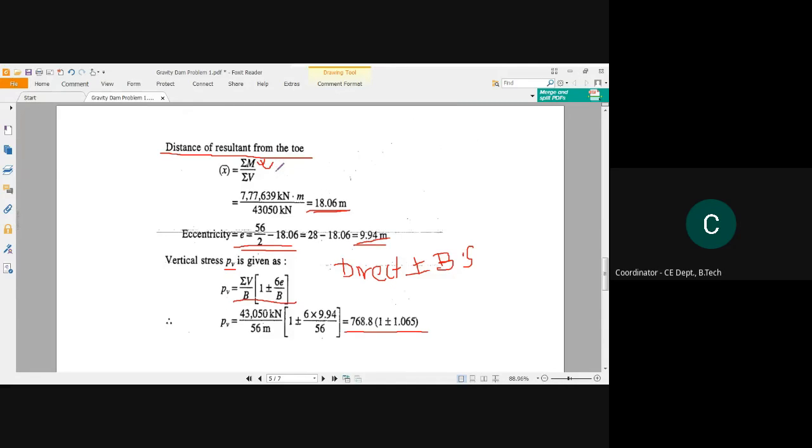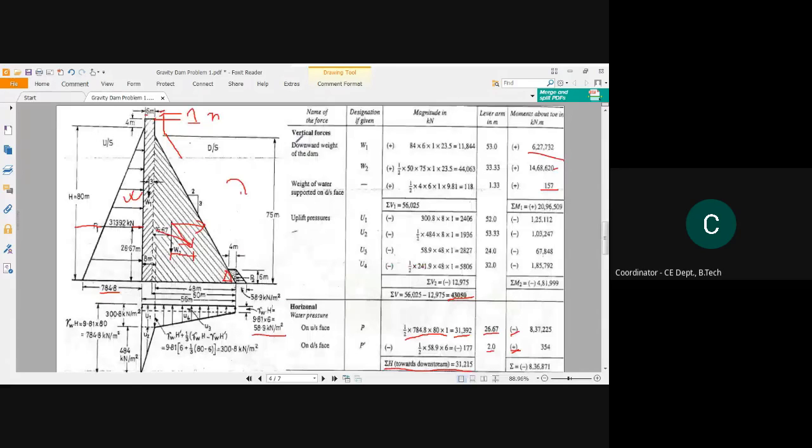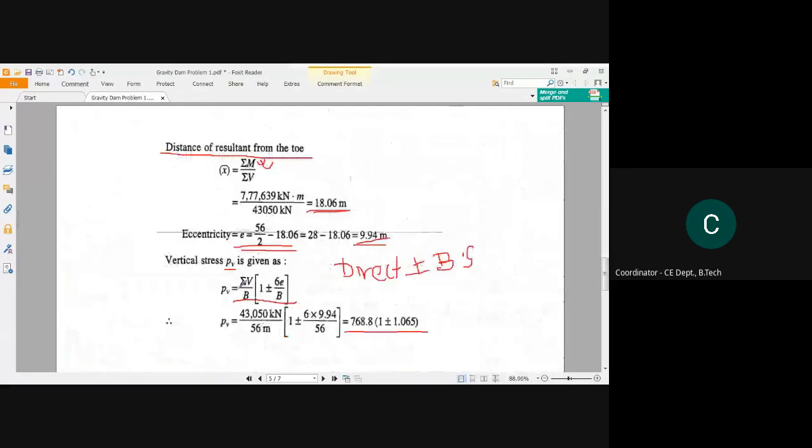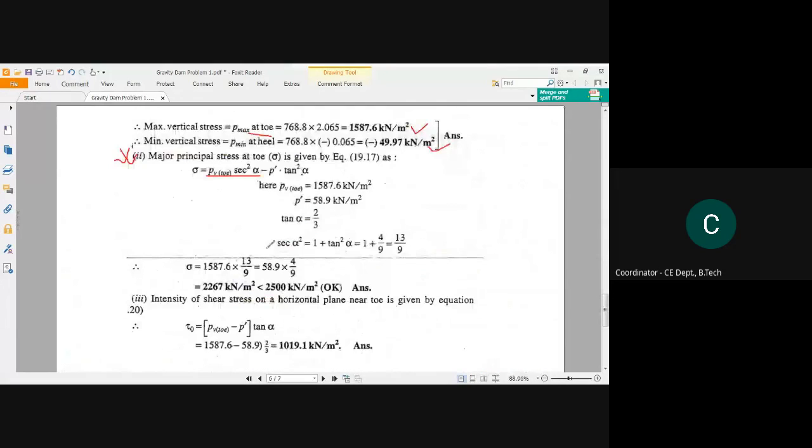P dash is the stress at the toe due to the tailwater only. So the vertical stress coming at the toe due to all the vertical forces in this structure, minus the vertical force coming at the toe due to this tailwater only, will give me the major principal stress at the toe.